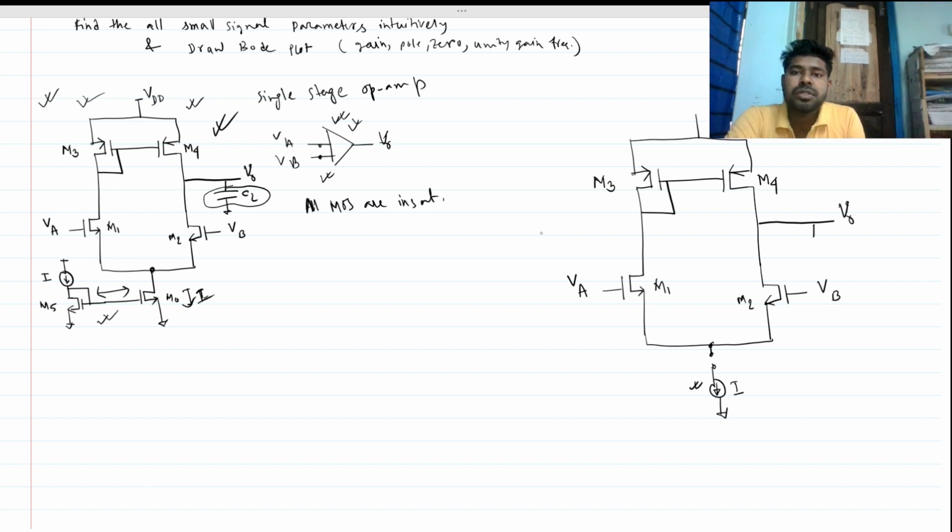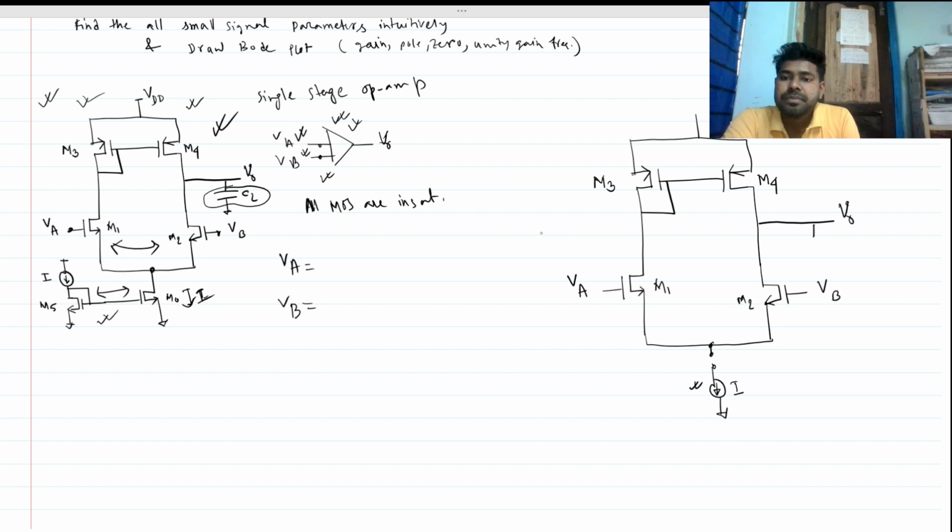Now we have to do the small signal analysis intuitively. First I will find the polarities of VA and VB. We have two sources, and this is a differential pair, right?